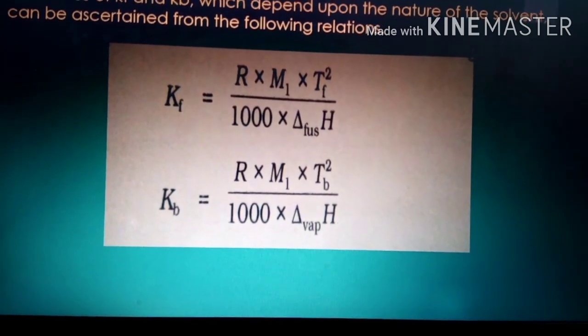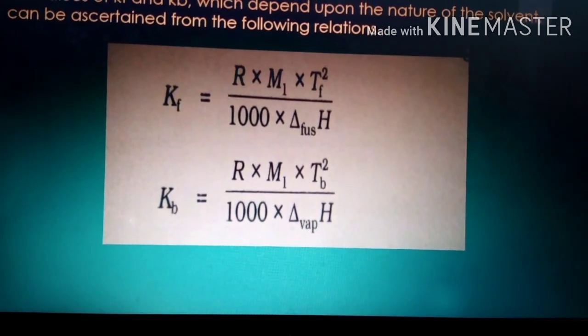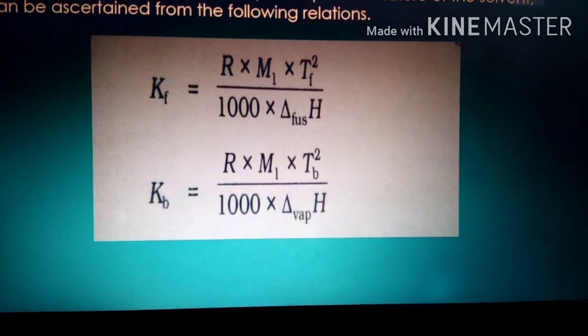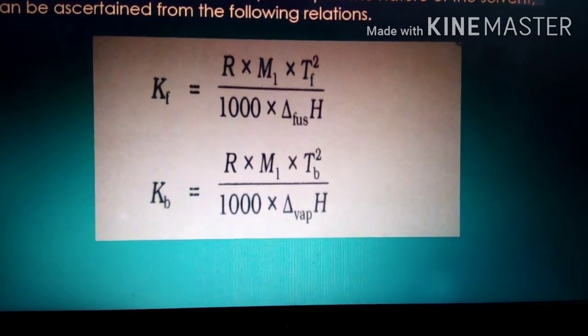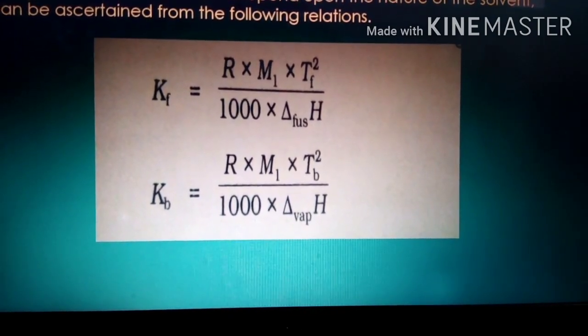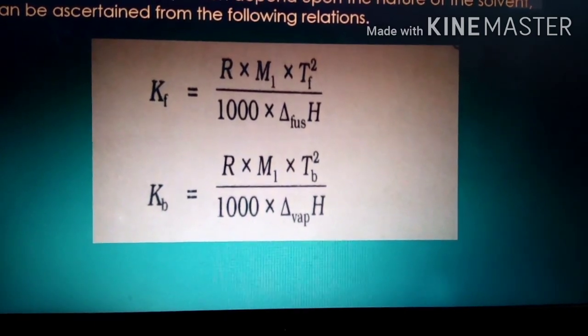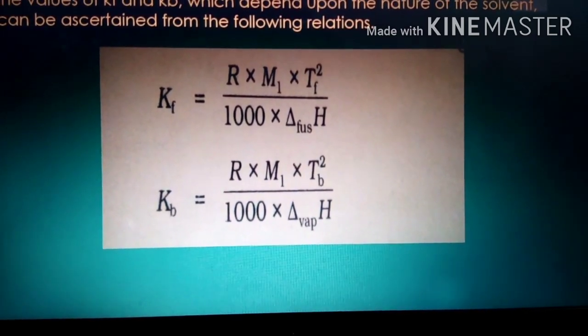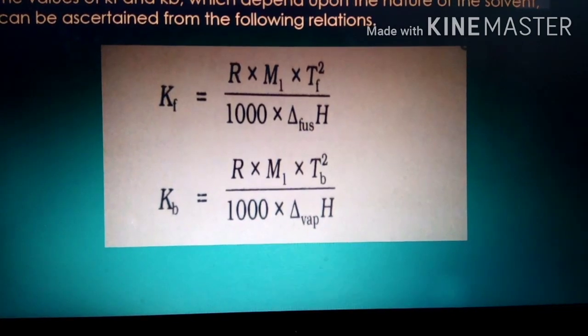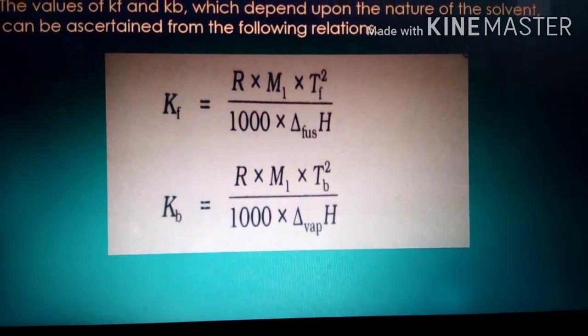R is the gas constant. Similarly for Kb, there is only one difference: the enthalpies change, and in the first there is Tf square, and in the second, for Kb, there is Tb square.